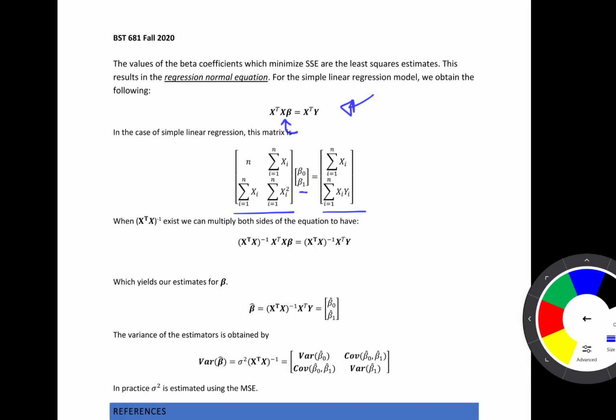So to get beta by itself, we're going to multiply both sides by X transpose X inverse. That makes this entire piece, because that's the inverse times the matrix, the identity matrix, and we're just left with beta.